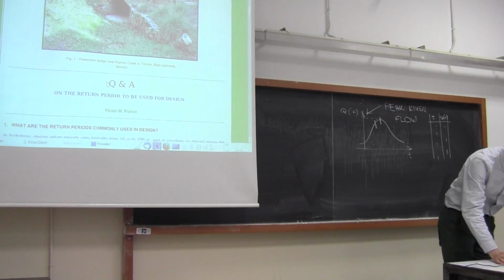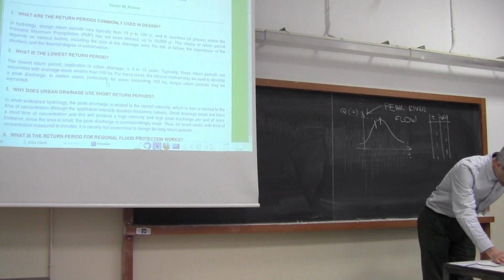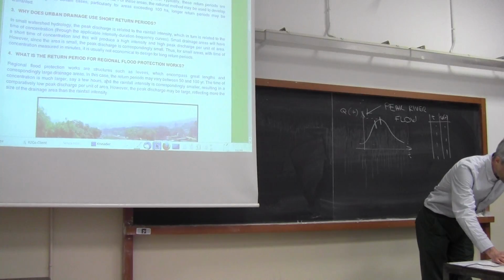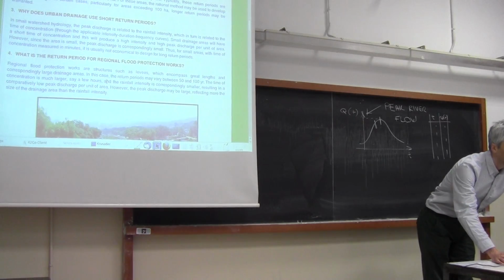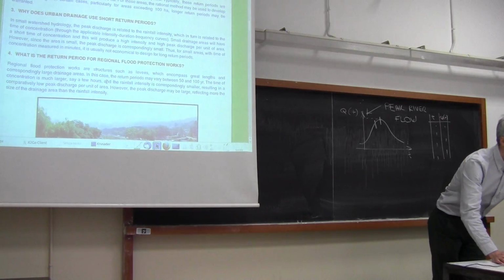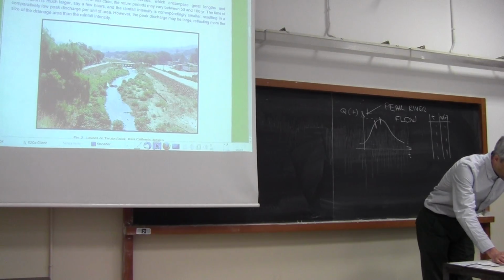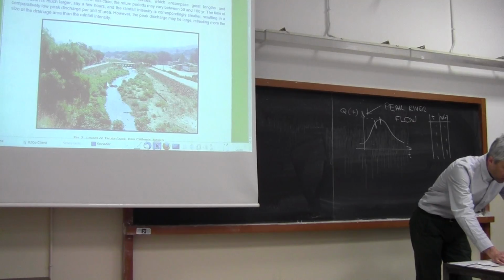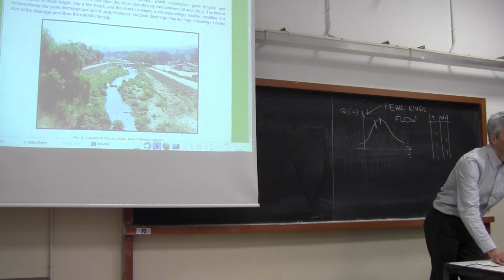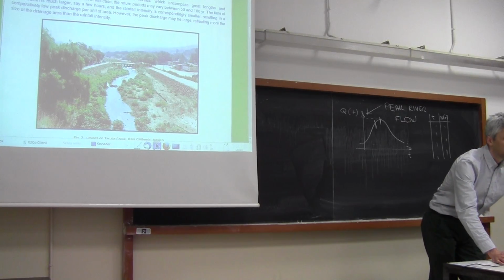And he makes some examples here. Basically, why does urban drainage use short return periods? This is the reason I already mentioned to you. And what is the return period for regional flood protection works? 50 or 100 years. I confirm this estimate.